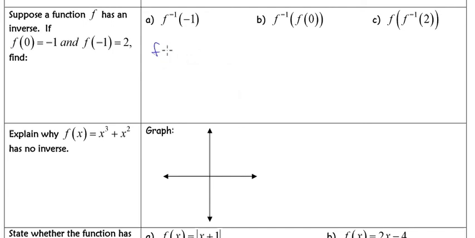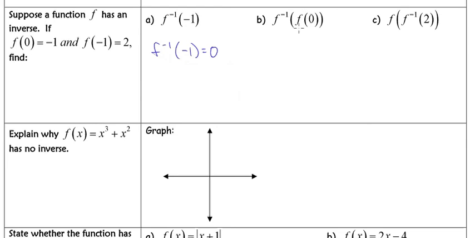So the inverse of f of -1 gives us 0. Because again, if we plugged 0 into the original function, we got out -1. Now if we plug -1 into the inverse, we've got to get back to what we plugged in to begin with, so 0.